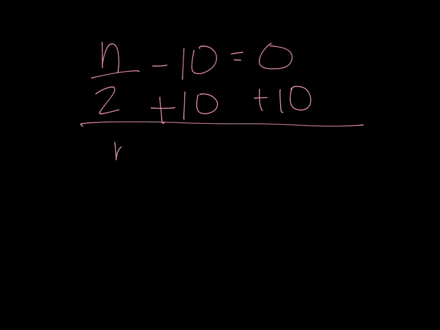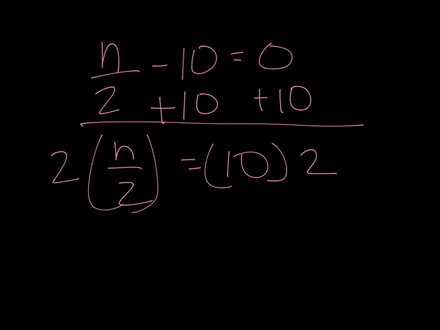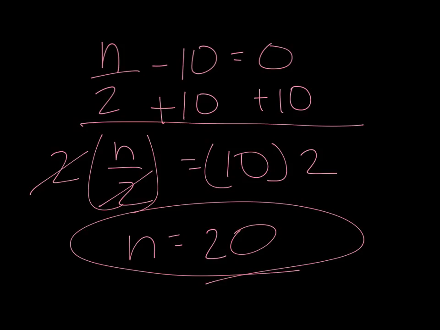Okay? n divided by 2 equals 10. Then, right now, it's being divided by 2, so I've got to multiply both sides by 2. Cancels out. n equals 20. My answer is 20.